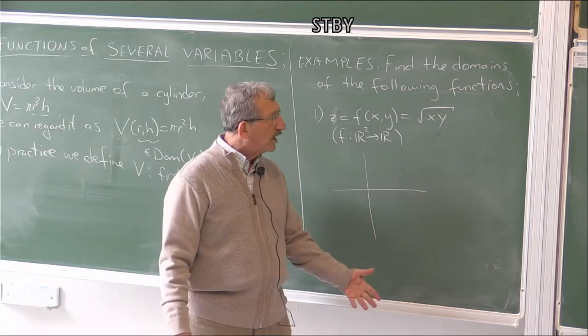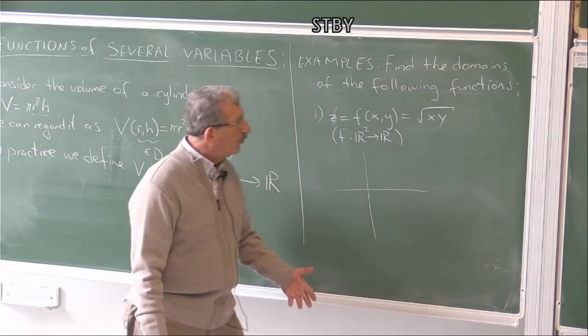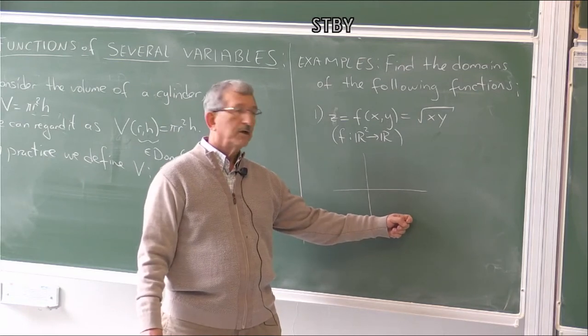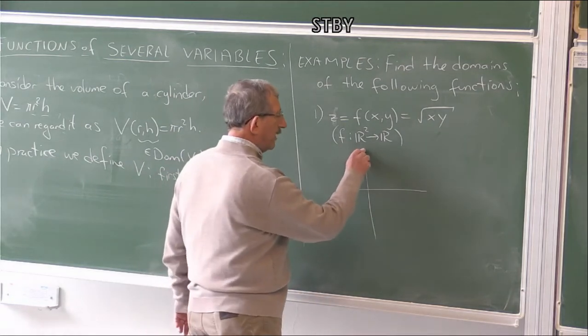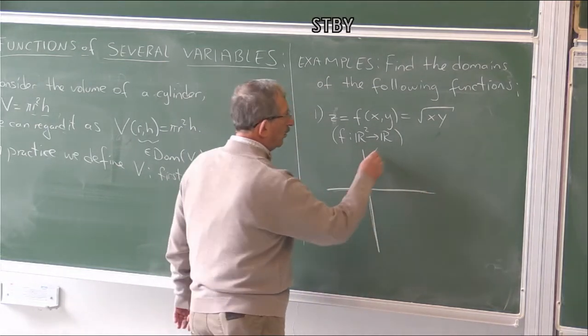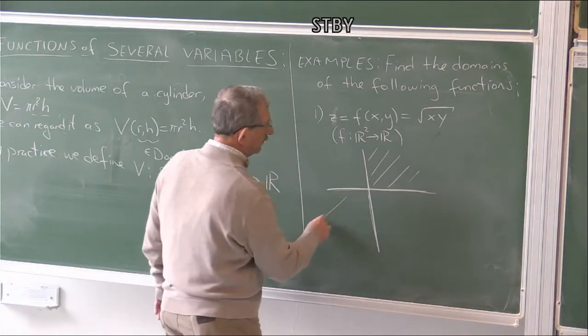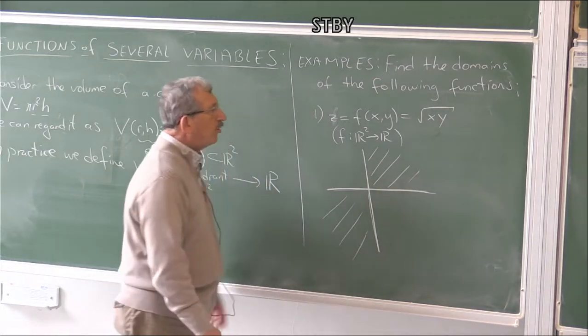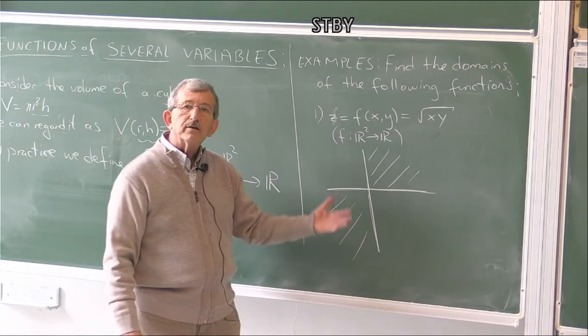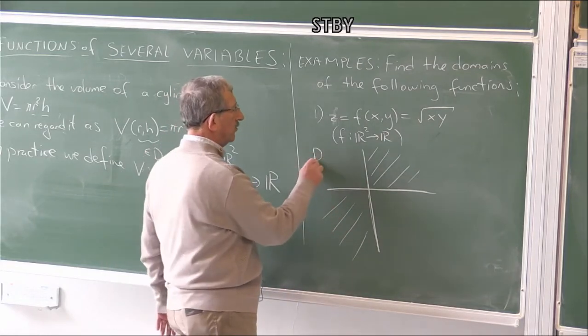Well, x times y is negative if we are in the second or the fourth quadrants. So, the domain is then the axes included, also the first quadrant and the third quadrant. Both can be negative, this is well defined. Both can be positive, it's well defined. So this is the domain of f.